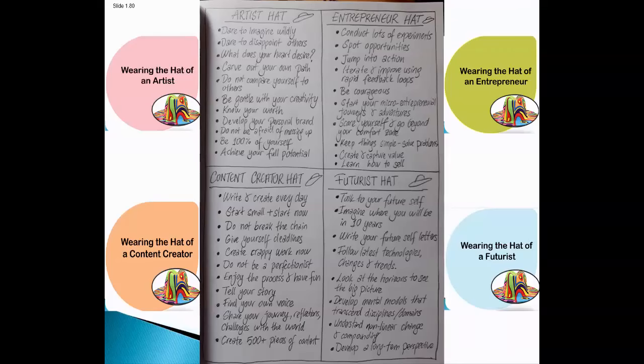Do you wear an artist hat, entrepreneur hat, content creator hat, and a futurist hat? Please evaluate yourself. Give a score to yourself out of 10. Write down your score.